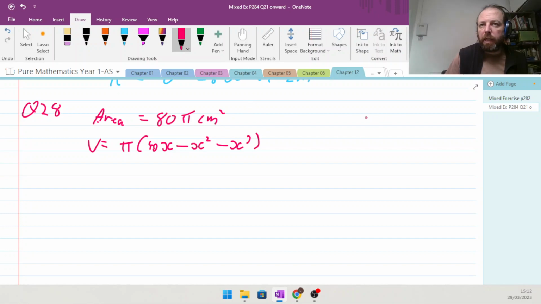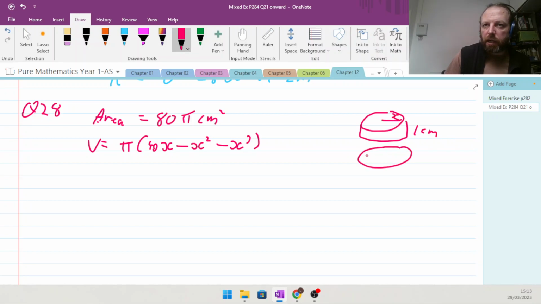Okay, because basically we know the surface area of this lid, which has x as the radius and 1 centimeter here. We then have another cylinder here, and we don't know what the height is, but again it is x here.